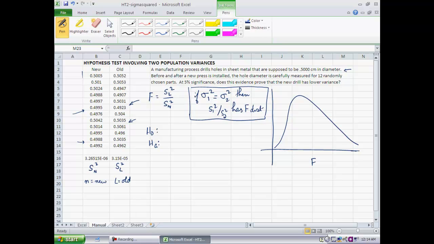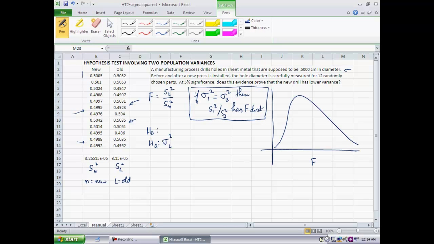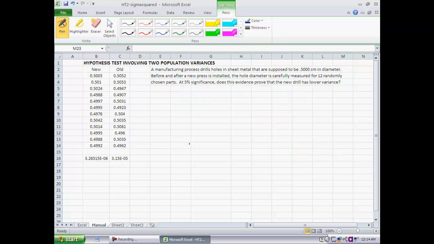So remember, our guideline for setting up hypotheses, we want to set them up in such a way that whatever claim it is that we are trying to establish should be the consequence of rejection of the null. Therefore, my alternate hypothesis would be sigma squared L, the variance with the old machine, is greater than the variance with the new machine, sigma squared n.